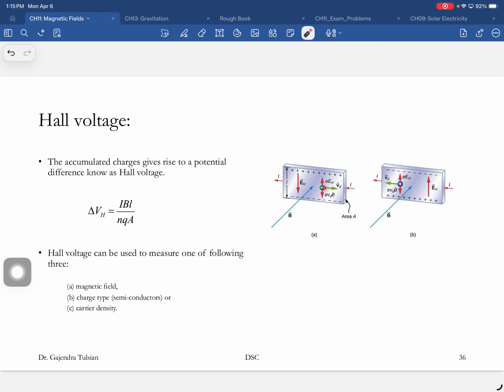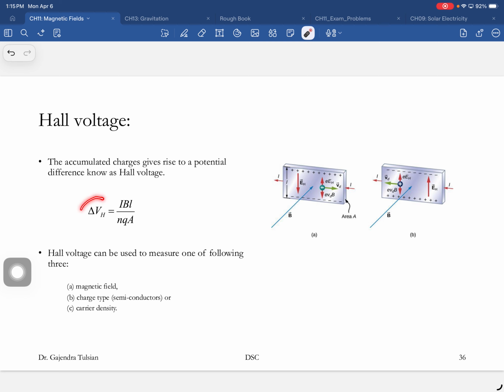Depending on what the charge carrier is, this perpendicular voltage, called the Hall voltage, has a different sign. The current is in this direction, the magnetic field is in this direction. In metals, the charge carriers are electrons, but there are semiconductors where the charge carriers are holes, which you can think of as positively charged particles. So the Hall voltage would be opposite.